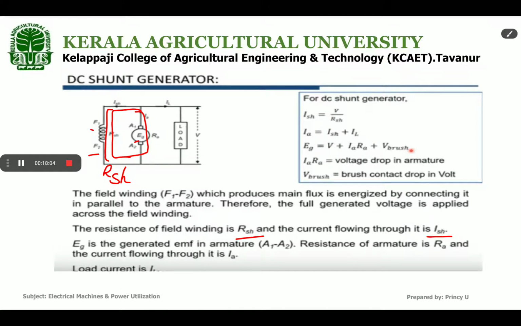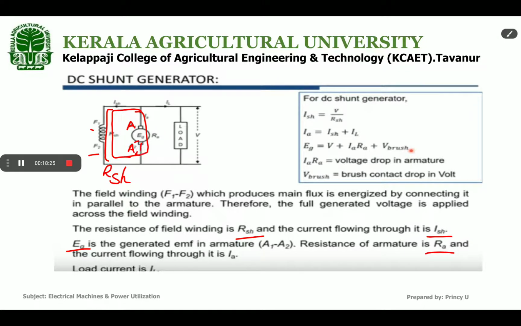EG is the armature EMF generated in armature A1, A2. Always represent the two armature winding points as A1, A2, and the resistance of armature is RA.